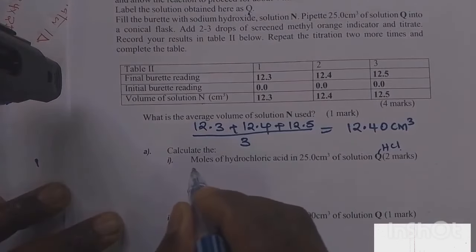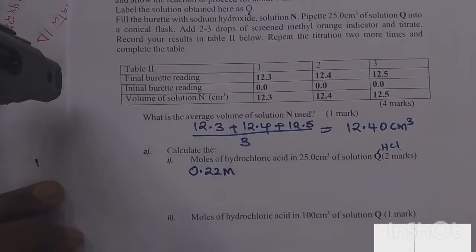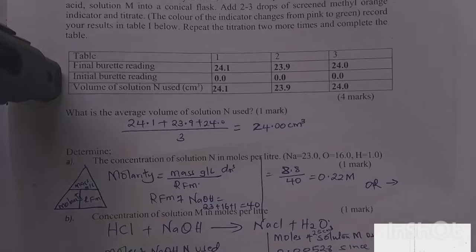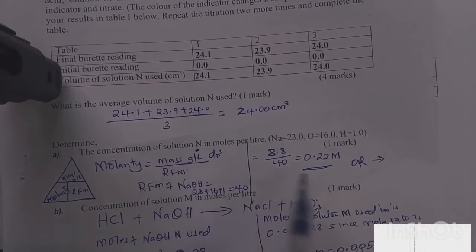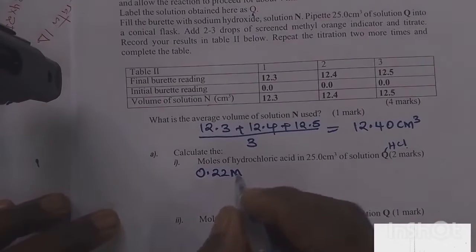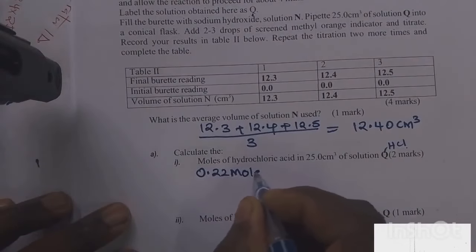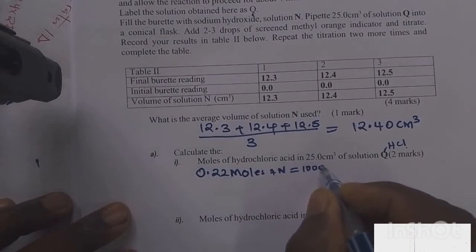So we know that 0.22 moles. Where did I get this one? We had already obtained the molarity of N here. This was the molarity of N. So this is the number of moles of N in 1,000 centimeters cube.